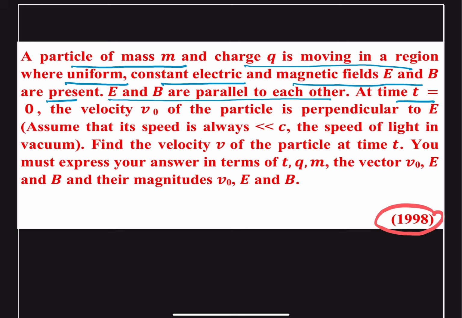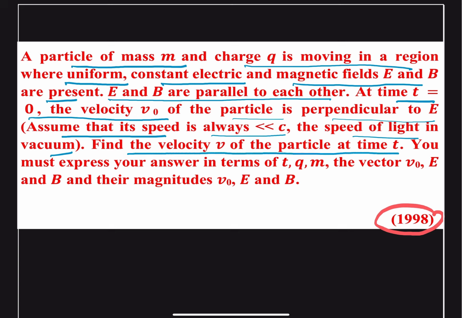At time t equal to 0, the velocity v0 of the particle is perpendicular to E. Assume that the velocity is very much less than the speed of light in vacuum. Find the velocity v of the particle at time t. You must express your answer in terms of t, q, m, the vectors v0, E, B and their magnitudes v0, E and B.